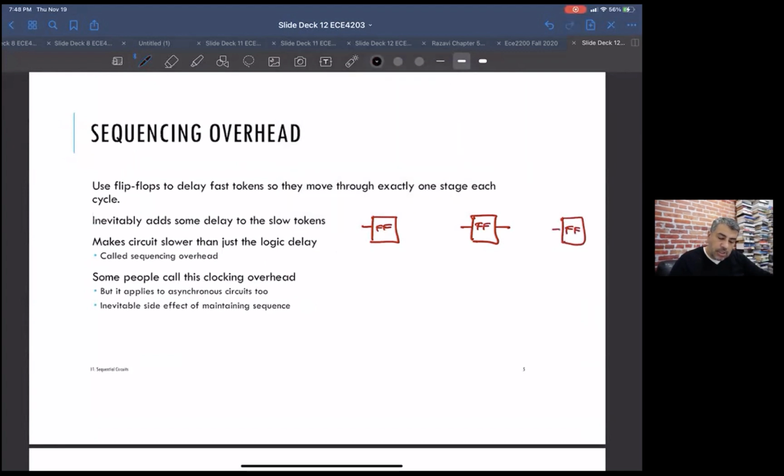So let's say you have a combinational circuit 1 and you have combinational circuit 2. It could be that for whatever reason in your pipeline, it's almost 100% sure that you won't be able to make the delays through your combinational circuit stages exactly equal.